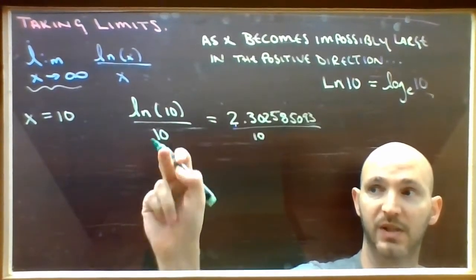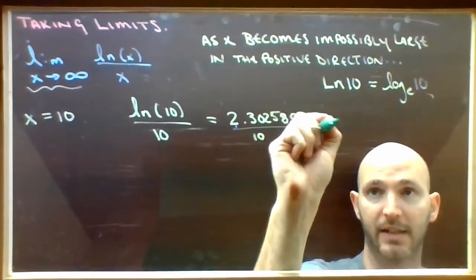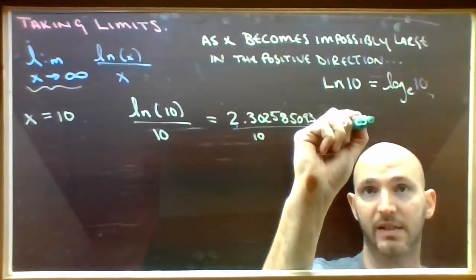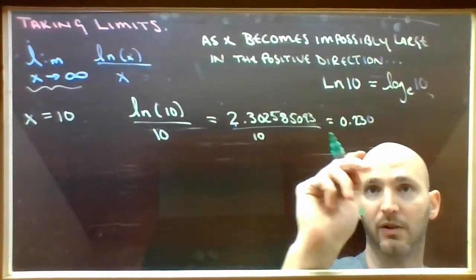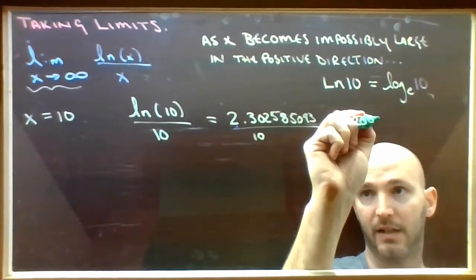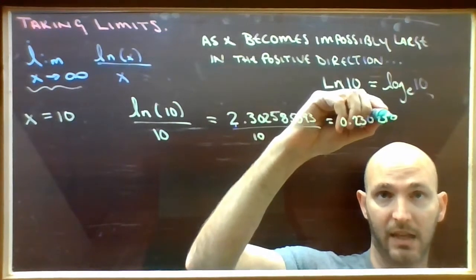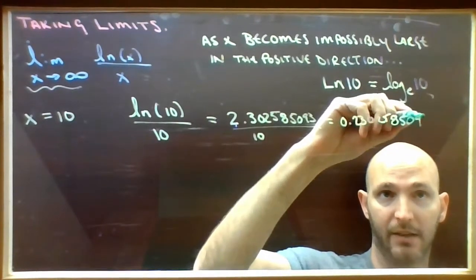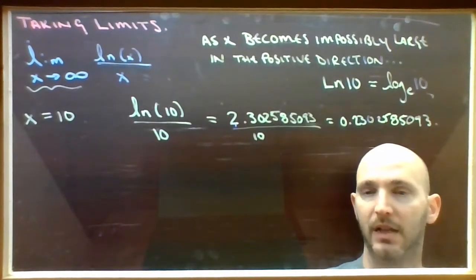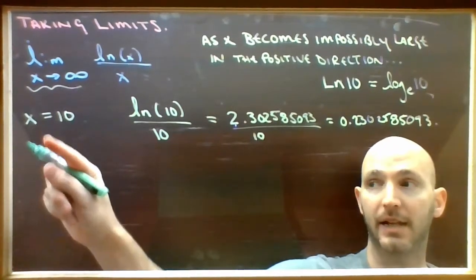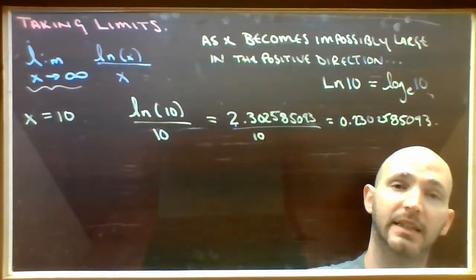And I'm supposed to divide that by 10 then, so I would end up with 0.2302585093.